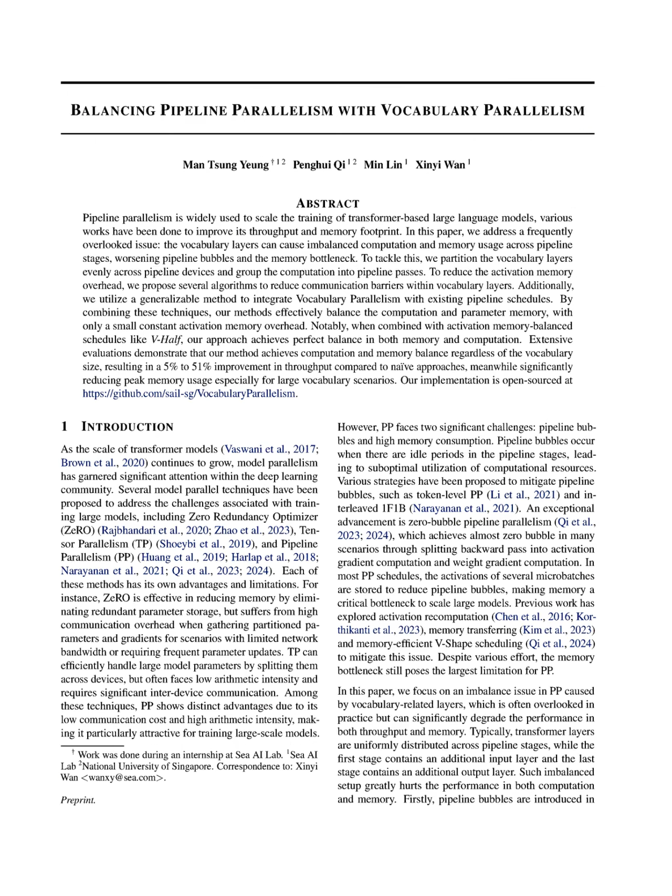Unlike zero, which suffers from high communication overhead, and TP, which faces low arithmetic intensity and significant inter-device communication, VP minimizes communication barriers and overlaps operations, thus reducing activation memory consumption.